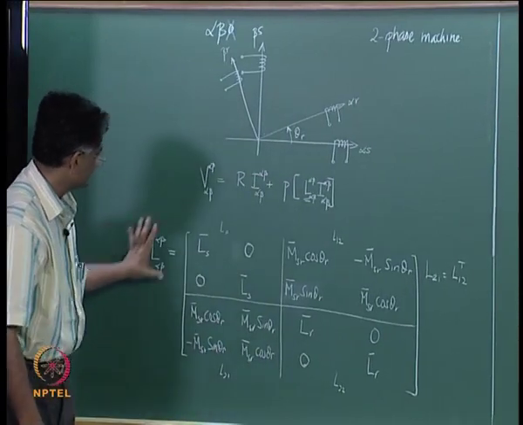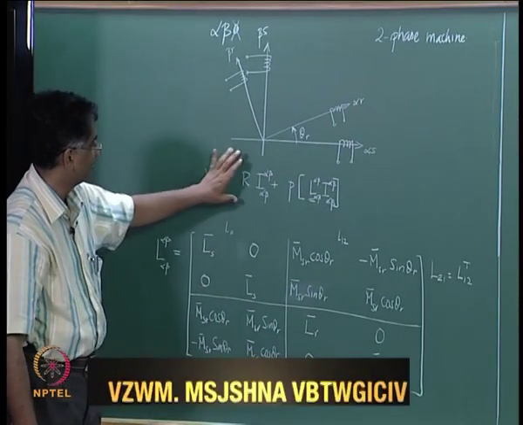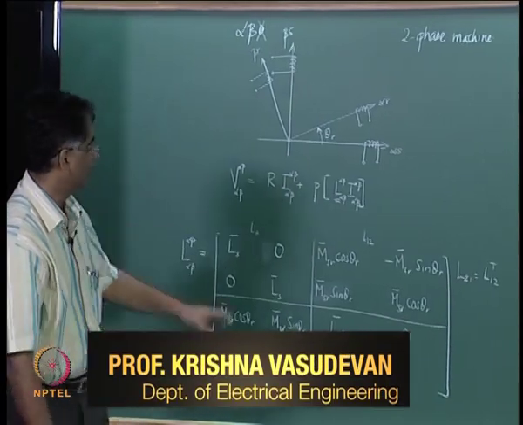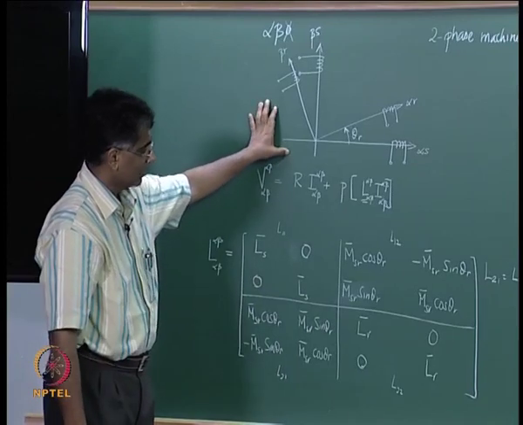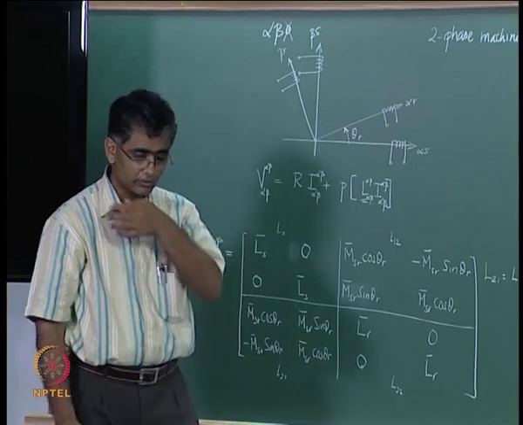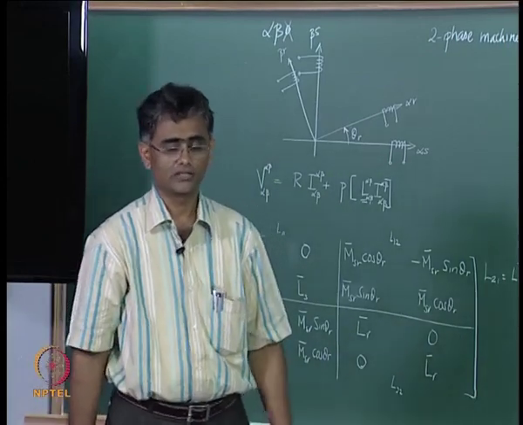So this expression V alpha beta equals Ri plus P into Li describes the electrical system of this 2 phase machine, and we see that the inductance matrix depends on the rotor angle, which is what we observed in the last lecture.